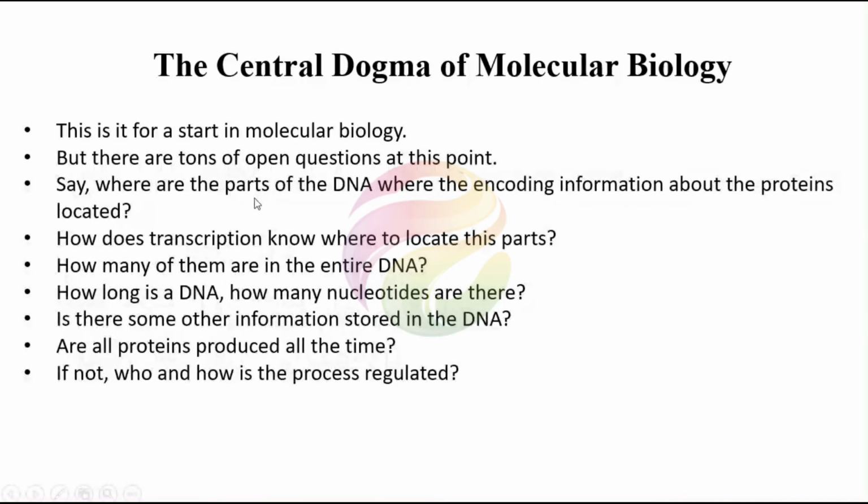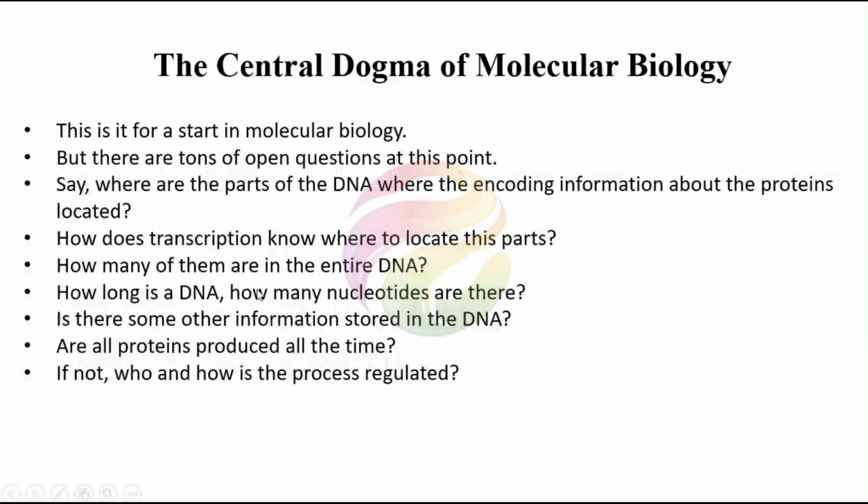We have discussed that in detail. On which part of the DNA is the protein located? How does transcription know where to locate this part? In the process of transcription, how will it know which part it is on?